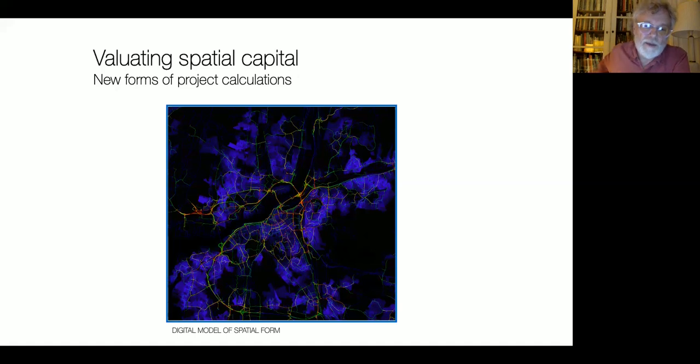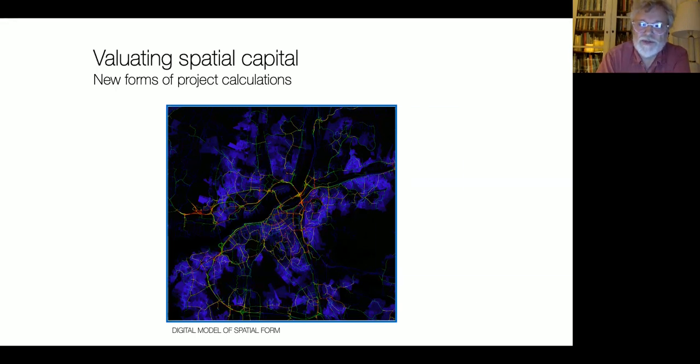And this is one of our more recent projects, where we're working together with economists to try to evaluate the different interventions, and of course then valuing what we have called spatial capital and trying to describe that a little bit closer.